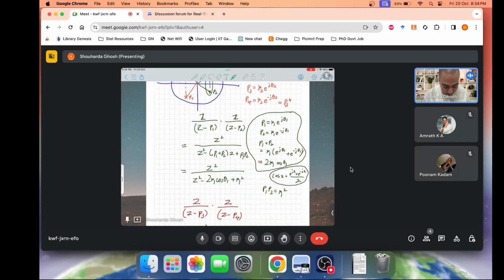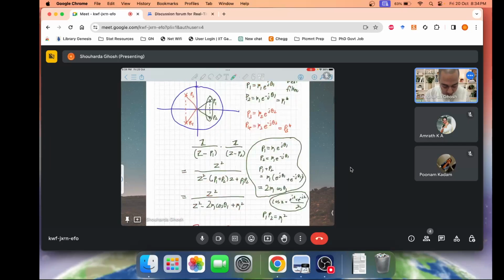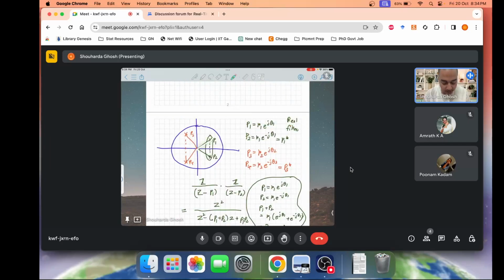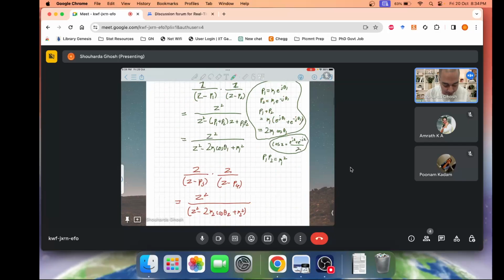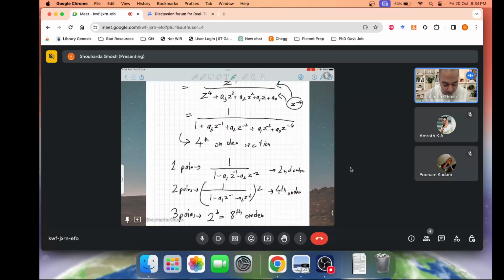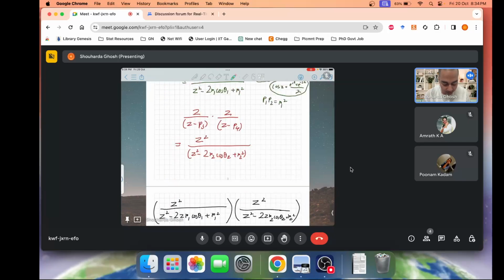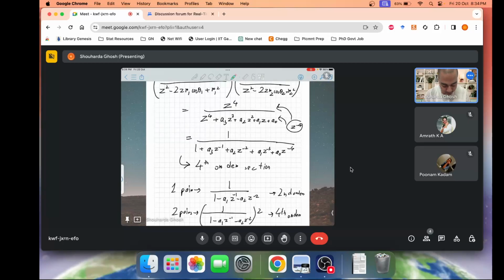And then I was explaining the general case: if you have arbitrary pole positions at r1 e^{jθ}, r2 e^{jθ}, how do we find the corresponding IIR filter, how can we get the fourth order section.